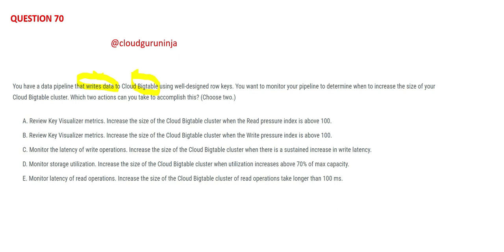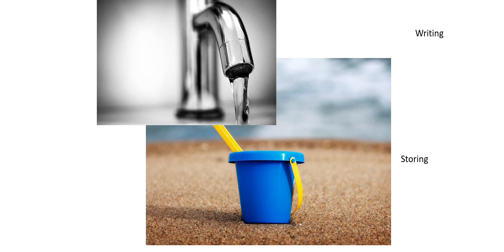See, first one says you use Key Visualizer metrics and increase the size of the Bigtable cluster when read pressure index is above 100. Above 100 means what? The water already came out. Above 100 means the bucket is full. Water already came out.